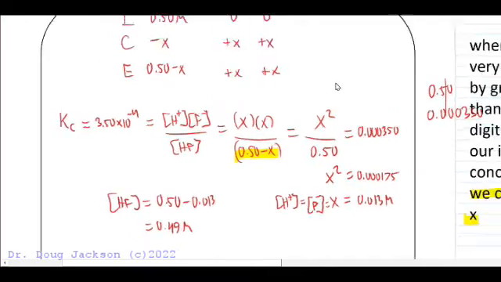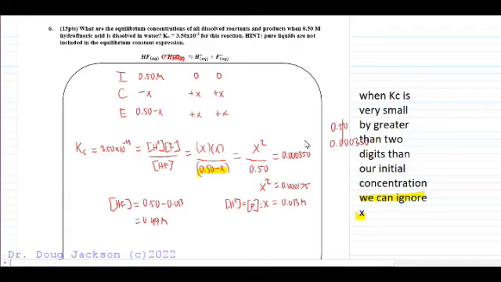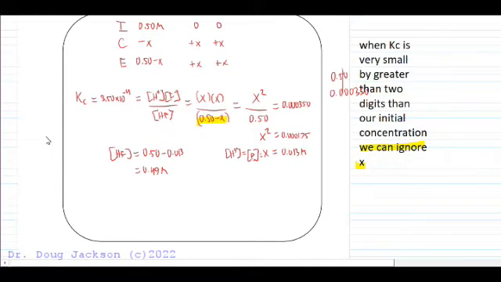We've solved the problem. Now, suppose we didn't take the shortcut, and suppose we didn't notice that the initial concentration was very large relative to Kc. We could solve this by the quadratic equation as well. All right, so I'm going to work that out for us as well.